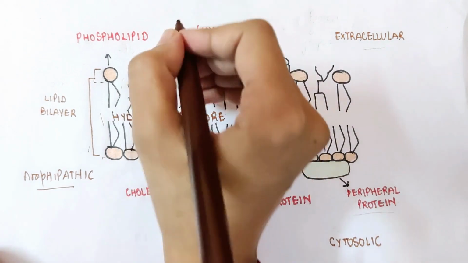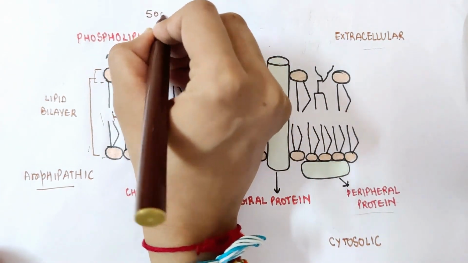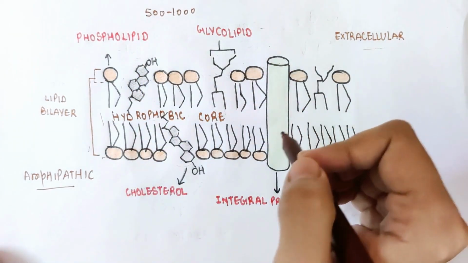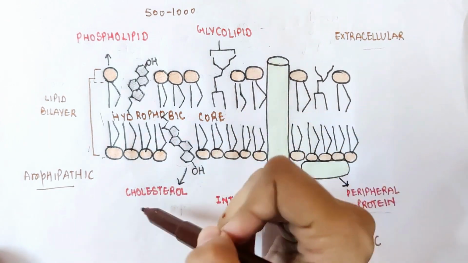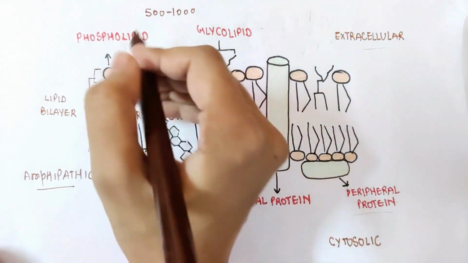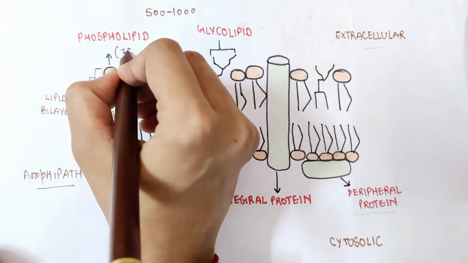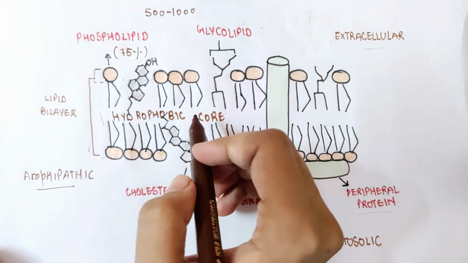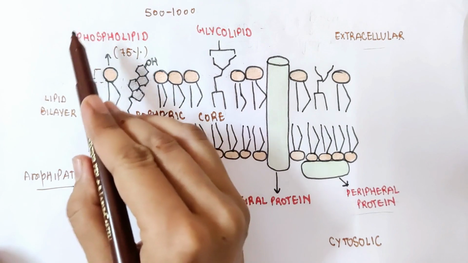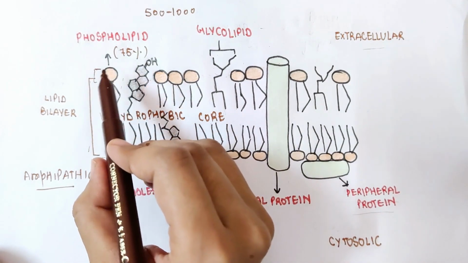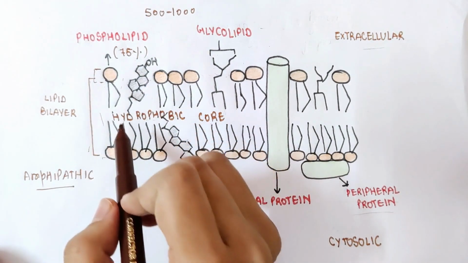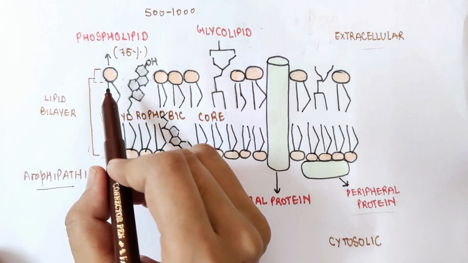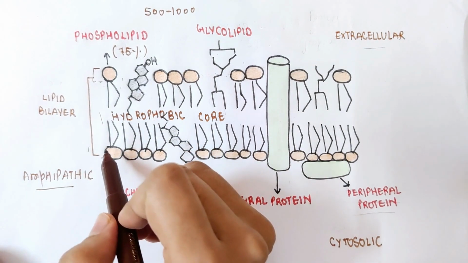Generally there are almost 500 to 1000 different lipid species present in a cell membrane, but these are the three major classes, out of which phospholipid is present in 75 percent of the cell membrane. Means this is the major contributor of lipid molecules in the cell membrane. That is why we generally say that a cell membrane is made up of a phospholipid bilayer.